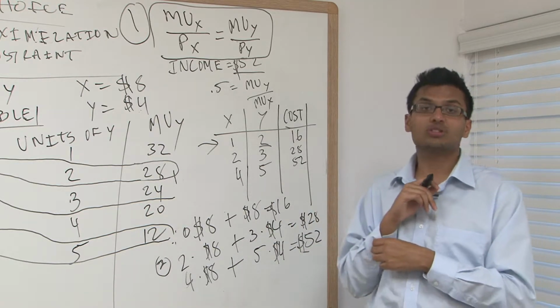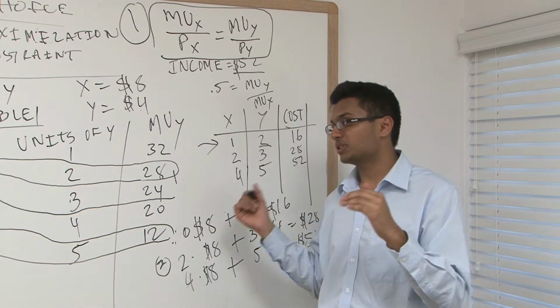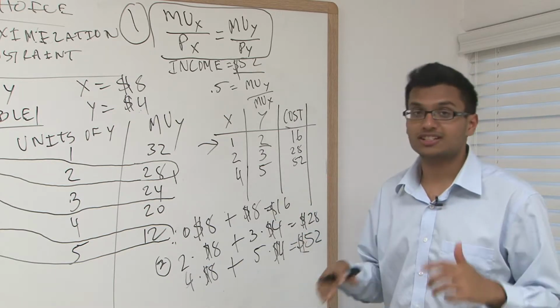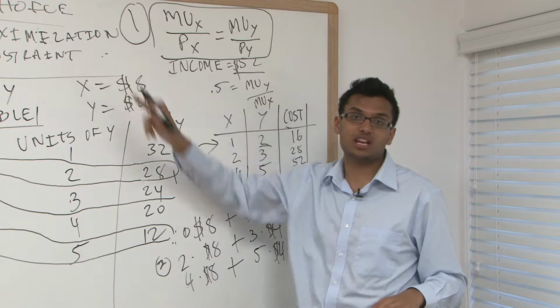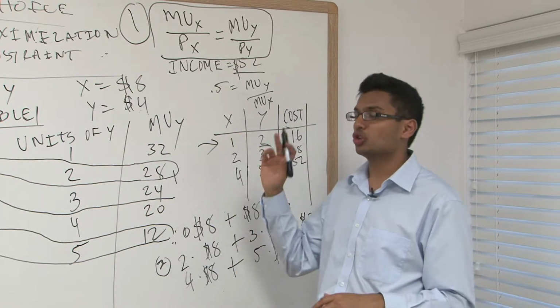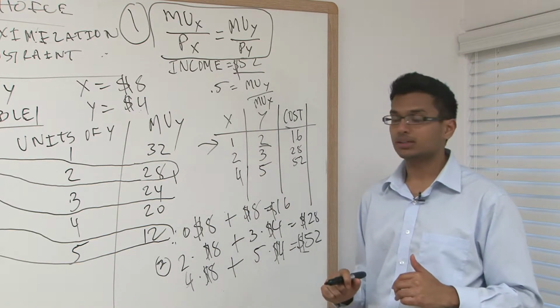The total marginal utility that we're going to get from these combinations, the biggest will win, because at the end of the day, it is a utility maximization concept. It's not income maximization, it's utility maximization with the given constraint, which is your income.